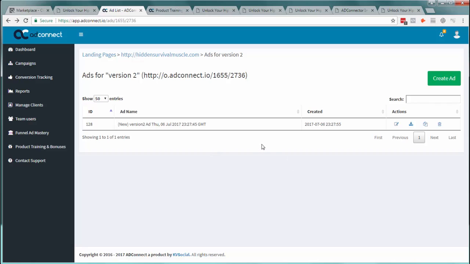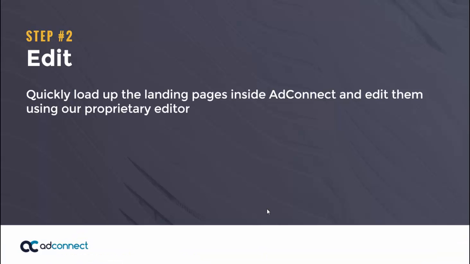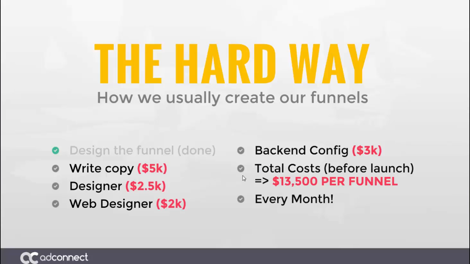So now you have a page to drive traffic to, and you have a banner ad to use for paid advertising or for your website. So with AdConnect, it's easy for you to edit any page that you want and quickly monetize it with your own links and modify it with your own unique content.